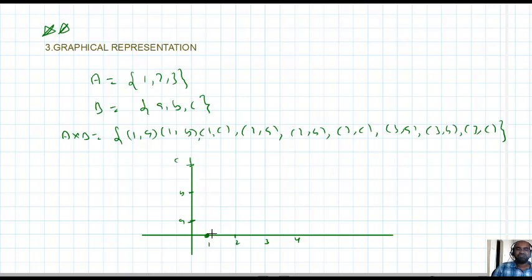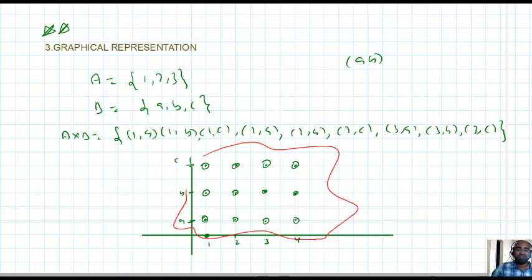Just like grids, (1, a) means here, (1, b) means here, (1, c) means here, (2, a) means here, (2, b) here. On a coordinate plane, just like ordered pairs, you know how to identify them. Then (3, a), (3, b), (3, c), (4, a), (4, b), (4, c). So this is called the graphical representation of A cross B.